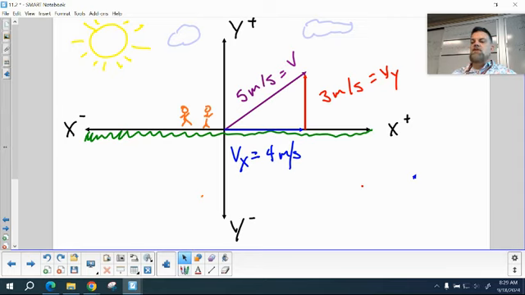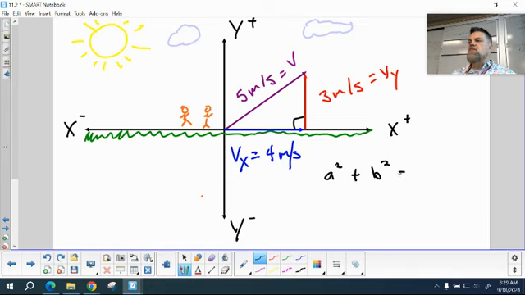Well, this is a right triangle. Isn't there a thing called, well, when I say it, you can finish it for me. A squared plus, anybody know the rest? Yeah, Pythagorean theorem: a squared plus b squared equals c squared. So that's the mathematical relationship.